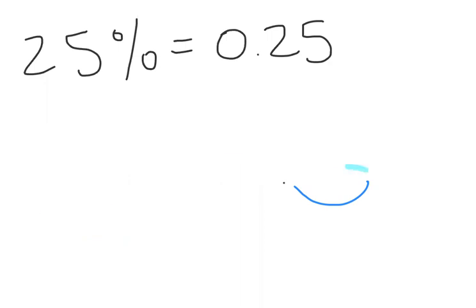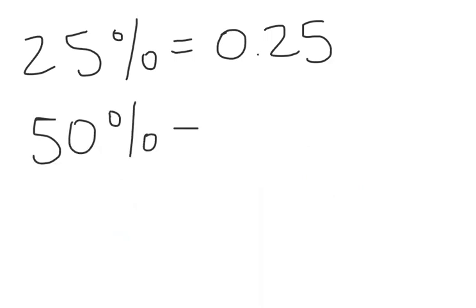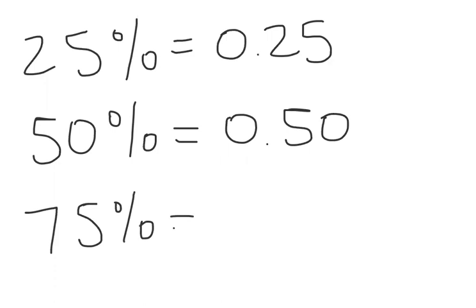So that was 25 over 100. So 50% will give us 0.50. 75% will give us 0.75. So there's just a lot of different things that you must remember, but I'm just explaining how you get to it. Same with the other one.